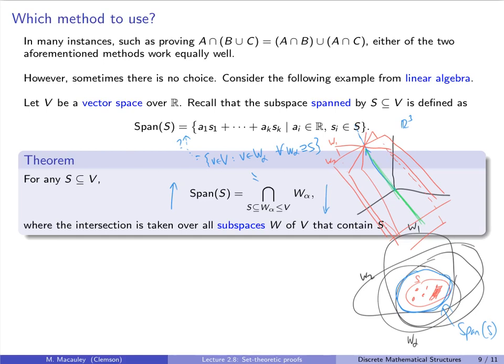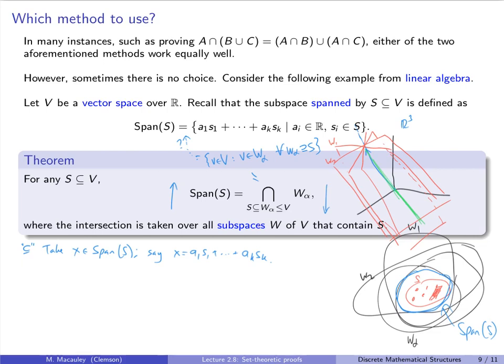So what we have to do instead is prove both containments. Let's prove this first containment. Let's take an arbitrary element x in the span of S. So let's say that x equals a1 s1 plus dot dot dot all the way up to a_k s_k.